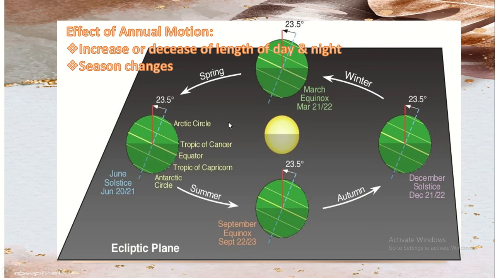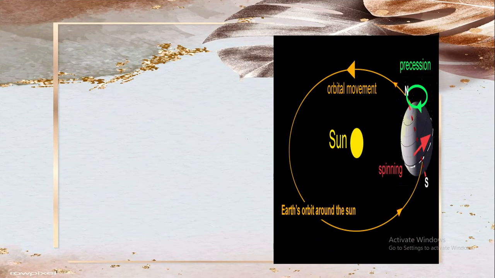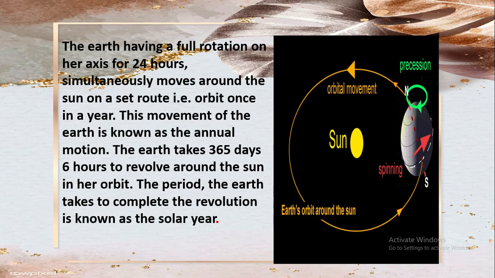Now I will discuss the increase or decrease of length of day and night due to annual motion, and simultaneously season change occurs. In the world, I will tell you about 4 types of seasons, that is summer, winter, autumn and spring.